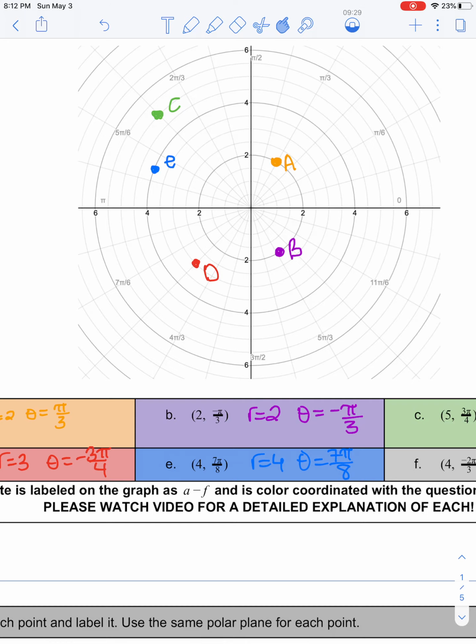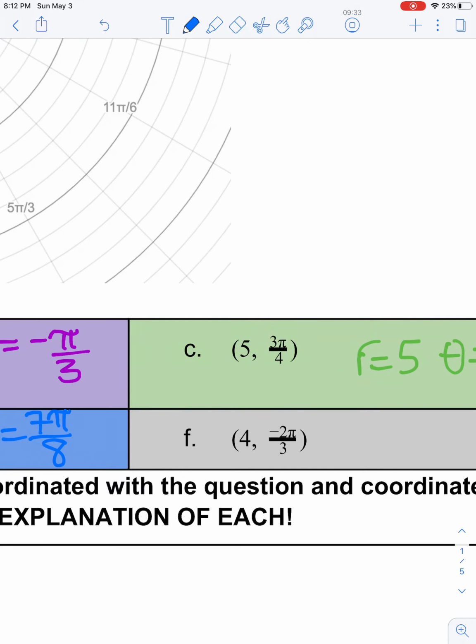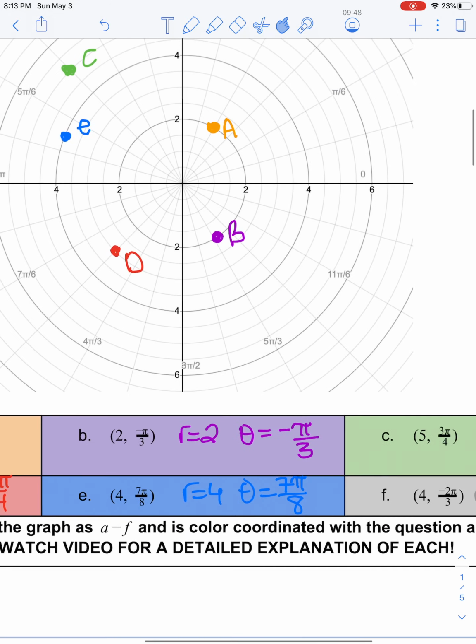All right, last one for this video is point F. We see that point F corresponds to a radius of 4 and a theta value of negative 2 pi over 3. When we look at building that angle, we start at our polar axis and go in the negative direction an angle measure of 2 pi over 3.